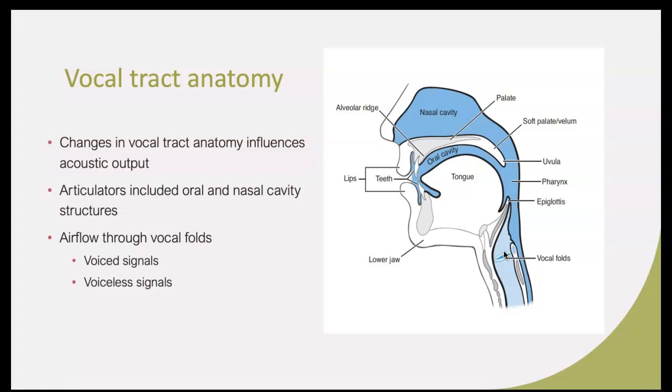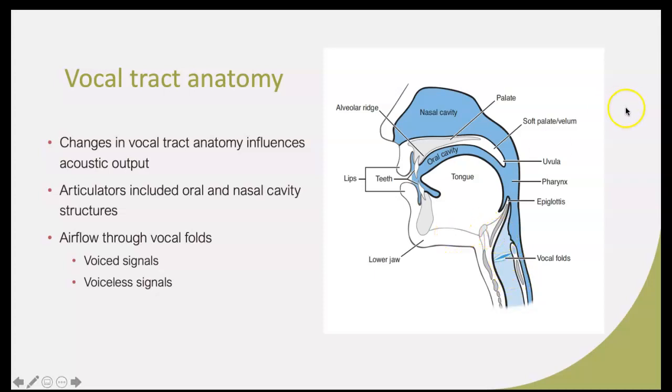Let me rephrase that. The vocal folds can either be in vibration or not be in vibration when sound passes through the vocal tract. Okay, so when the vocal folds are in vibration, obviously that's a voice signal, and when the vocal folds are not in vibration, it's a voiceless signal.